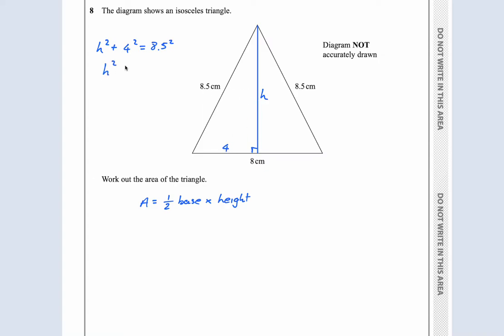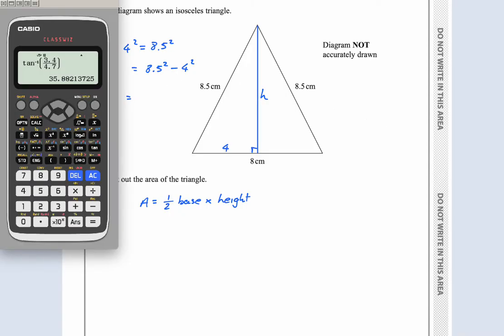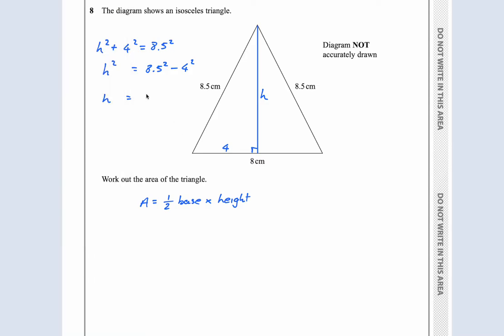H squared is equal to 8.5 squared minus 4 squared. And then h is the square root of this, which gives me 7.5. That's quite a nice number.